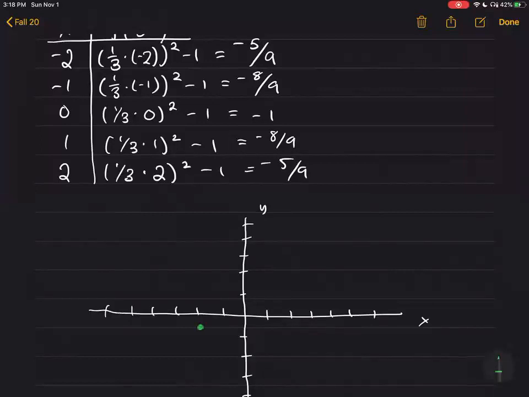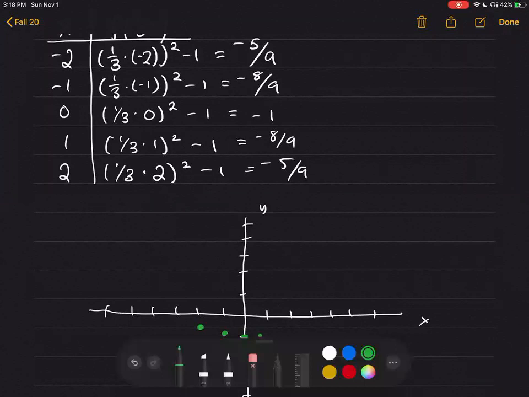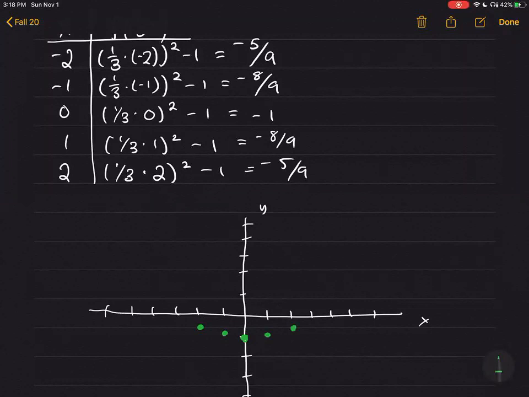And then we've got -1, -8/9. That's almost -1. So that's going to be about right here. 0, -1. And then the same kind of thing on the other side right here. Like that. Okay. And then we'll connect our dots. Probably looks something like that.